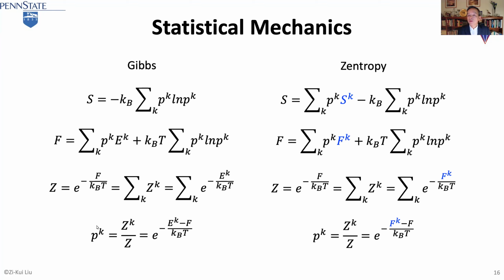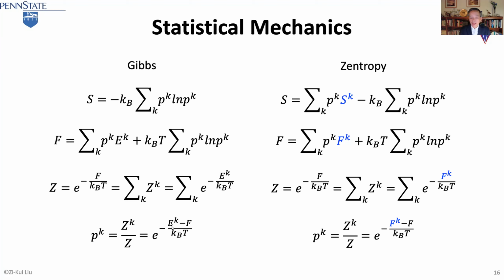Now, for the Zentropy side, because each configuration has non-zero entropy, I have to add that entropy into the system. When we add that in, the Helmholtz energy of the system becomes the sum of the Helmholtz energy of each configuration. You can see that instead of E here, we have F. Then you calculate the partition function again using F instead of E, and the probability will also be calculated using F instead of E.